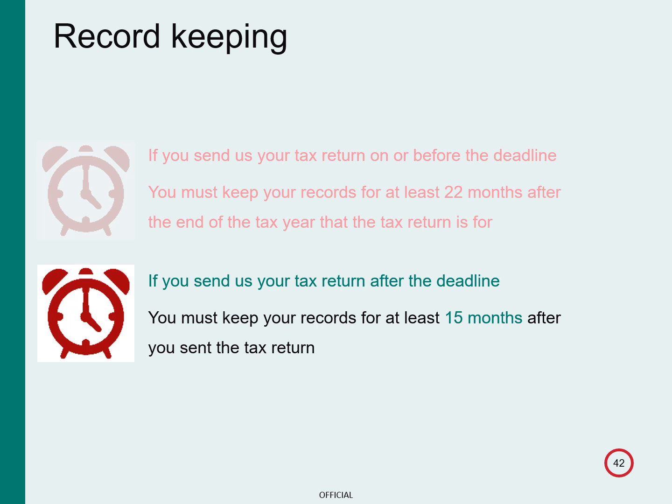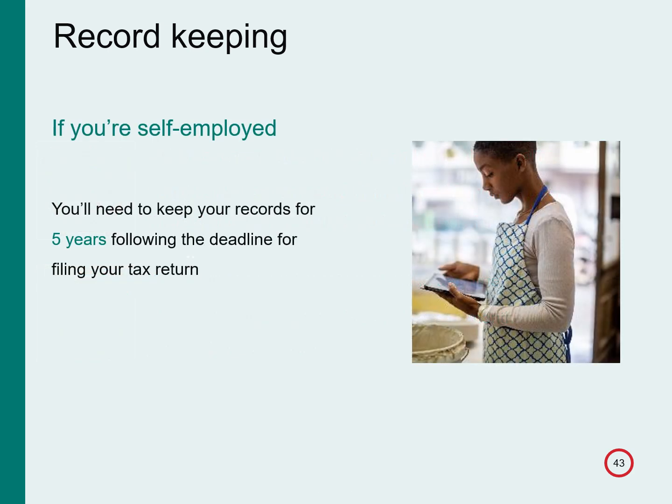If, however, you send us your tax return after the deadline, you should keep your records for at least 15 months after you sent the tax return. If you're self-employed, you'll need to keep your records for 5 years following the deadline for filing your tax return.